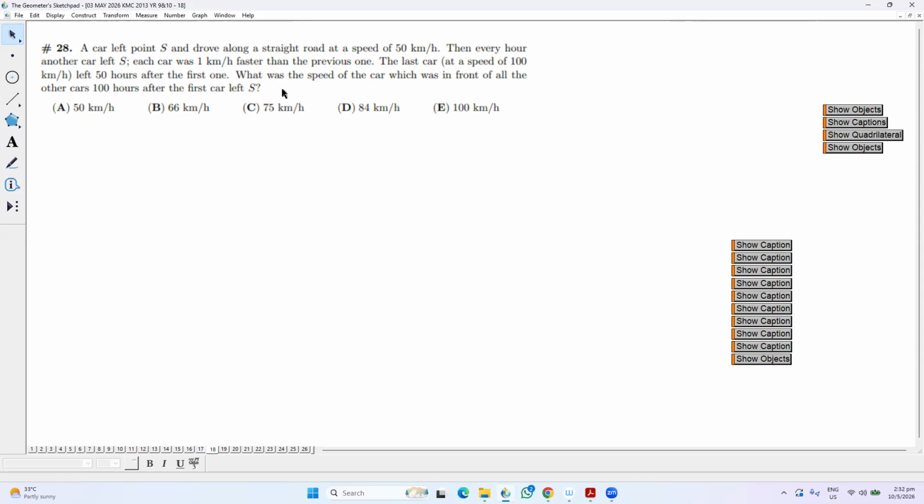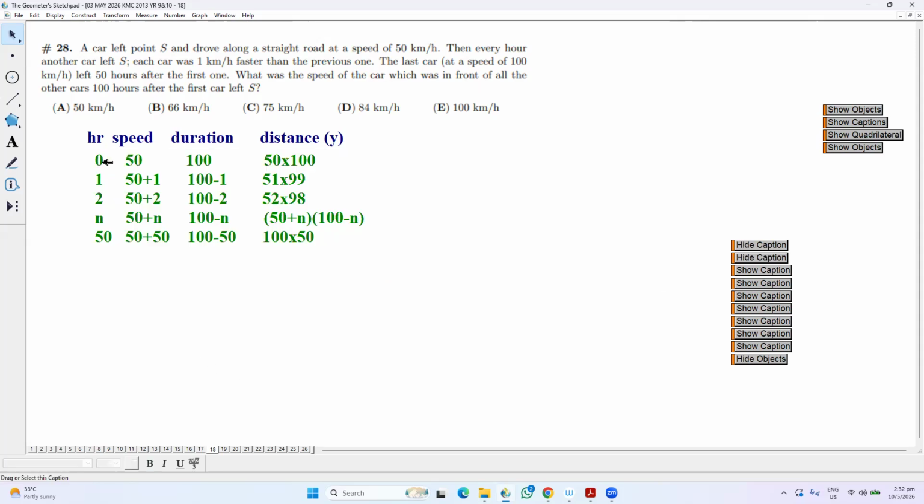You have to process the information. So I tabulate. At 0 hour, the first car left. Then 1 hour later, another car leaves. So we write down the values. First car, 50, and it moves 100 hours after the first car.